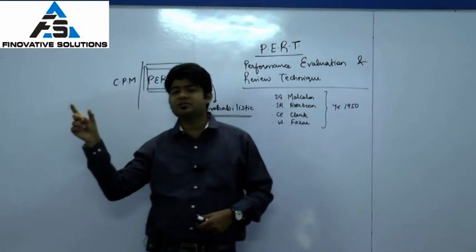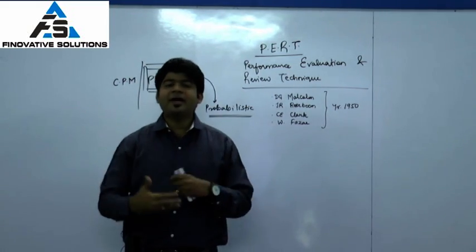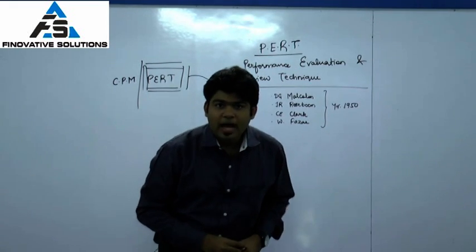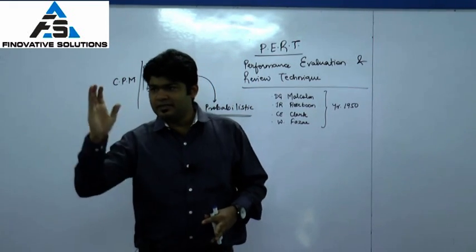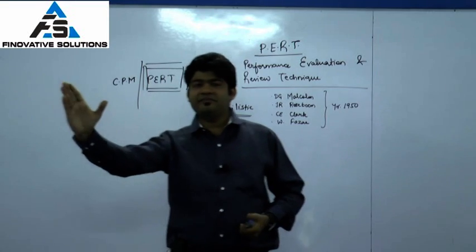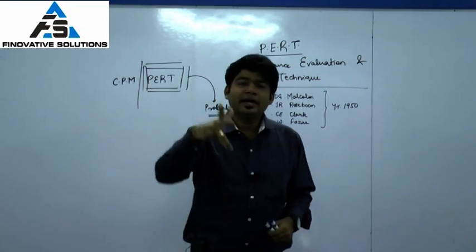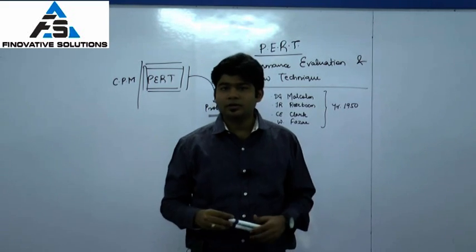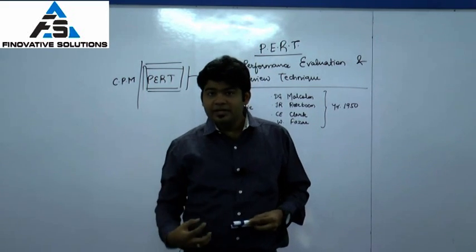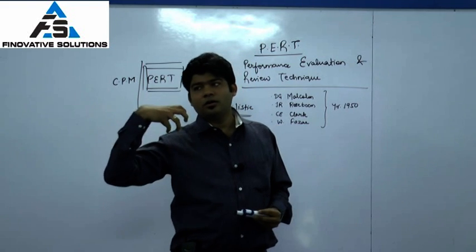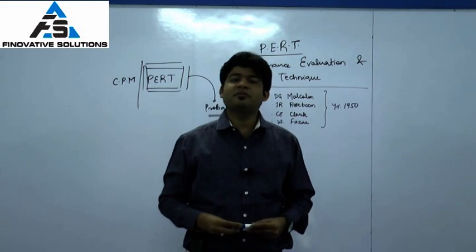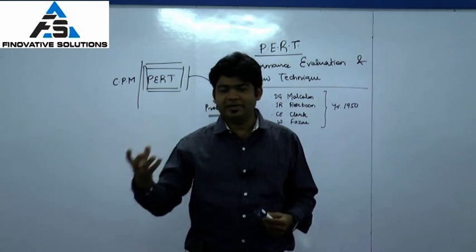Try now linking this with PERT. When I speak of the subject law, I plan to complete it in either a minimum of 5 days, a maximum of 12 days, or approximately 8 days. What am I doing? There is a probability that my whole law portion of CA final will be completed in 5 days.